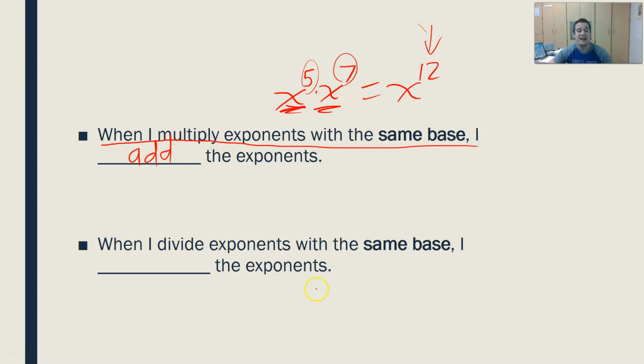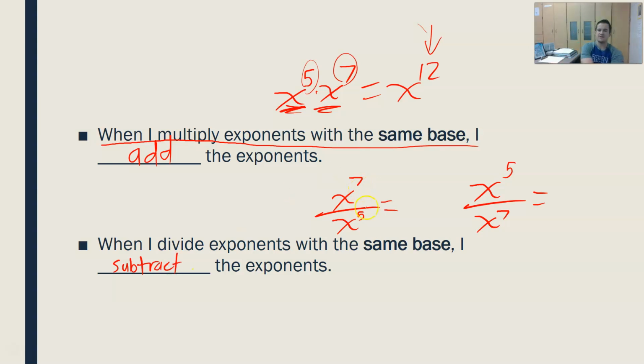When I divide exponents with the same base, so like x to the 7th over x to the 5th, or x to the 5th over x to the 7th, I subtract the exponents. So you notice when I had 7 x's in the top and 5 x's in the bottom, 5 of the x's in the bottom canceled with 5 of the x's in the top.